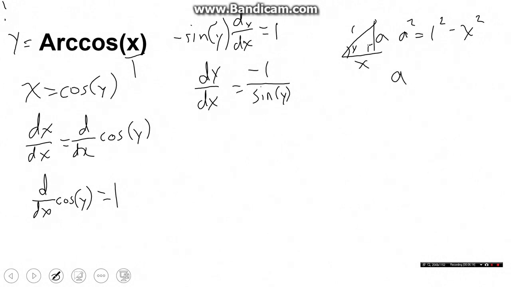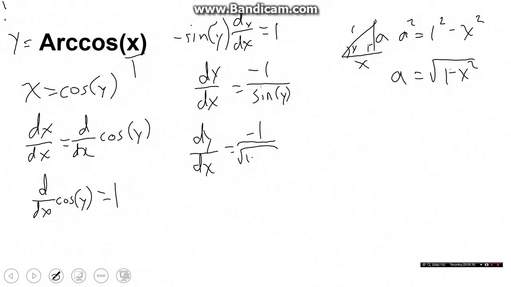And therefore, take the square root, and a equals the square root of 1 minus x squared. Sine of y is opposite over hypotenuse, which is just a. So we can substitute that for a, and that gives us dy divided by dx equals negative 1 over the square root of 1 minus x squared.